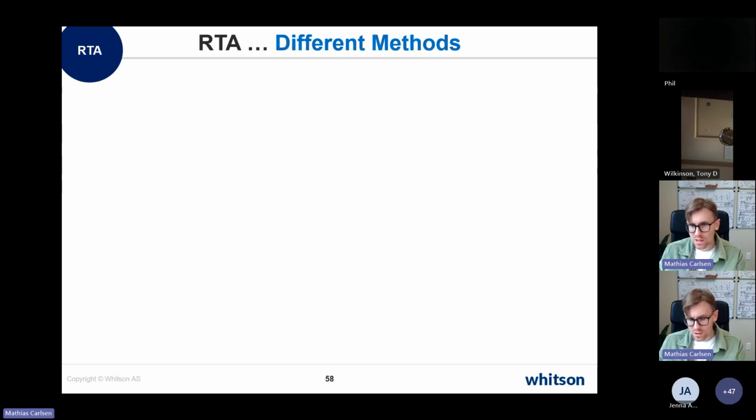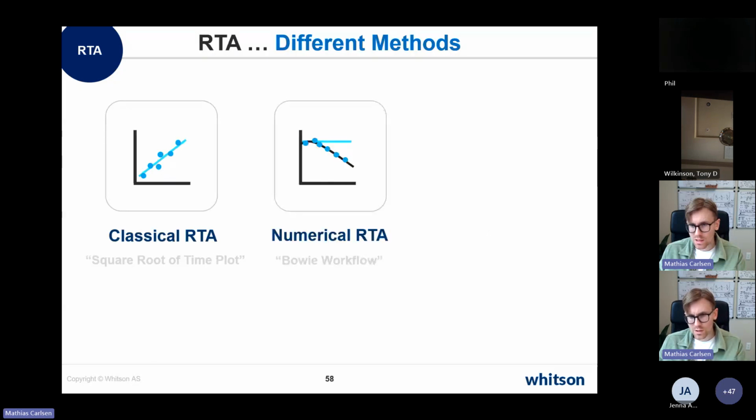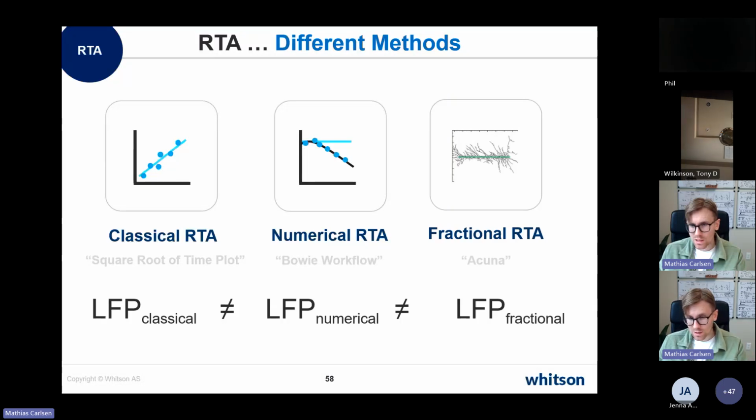And then different RTA methods, whether you use classical RTA, numerical RTA, or fractional RTA, in some cases can give you different A root K values. Good examples of that: classical RTA might be looking at only one phase. It assumes constant PVT properties, etc., while numerical RTA is looking at all the free-flowing phases. And then fractional RTA would be the same as classical RTA, but only when the delta is equal to 0.5.